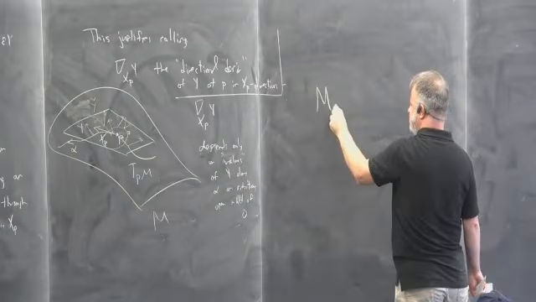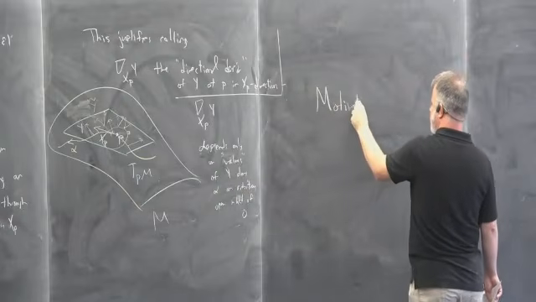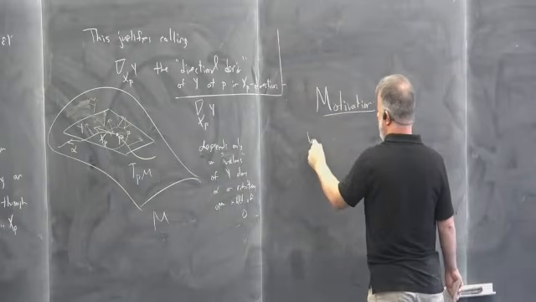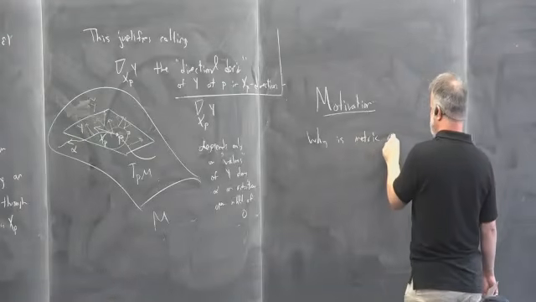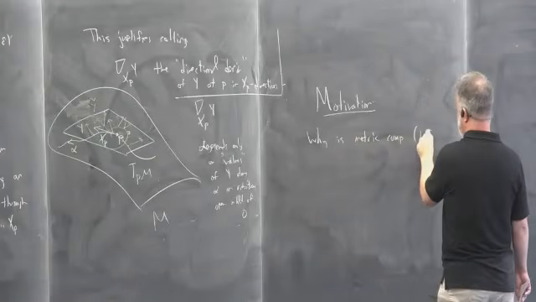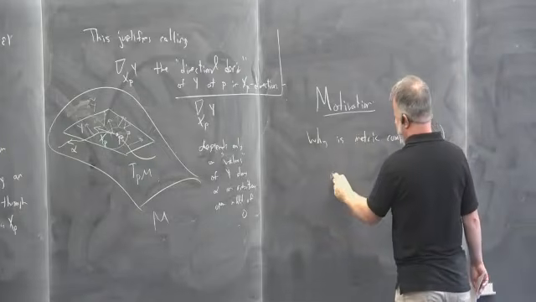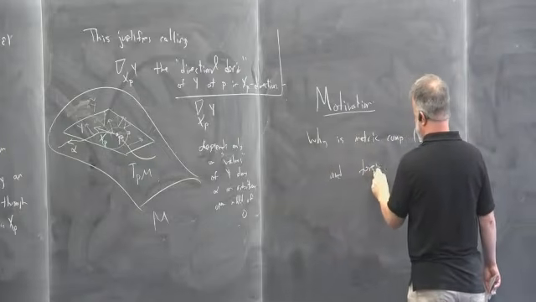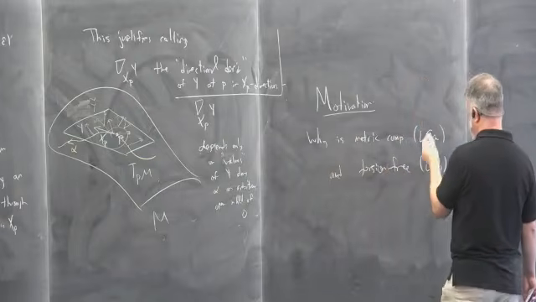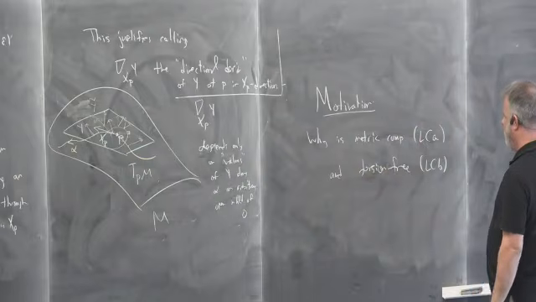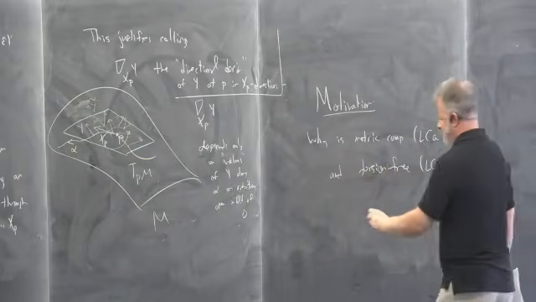So, motivation: metric compatibility, and torsion free. I'm not going to tell you why it's called torsion free. Why are these the right conditions?